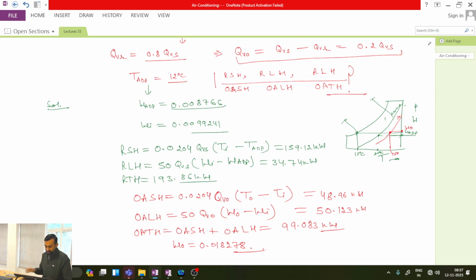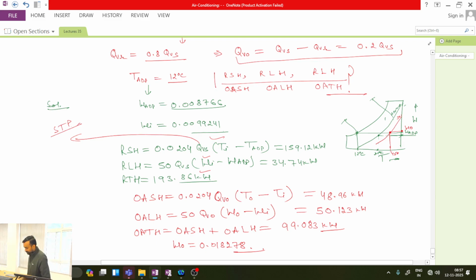Whatever formula we are applying over here, this formula is valid when the volumetric flow rate is available at which condition? STP. Okay. But particularly for room air, it's okay. My condition is close to STP only.